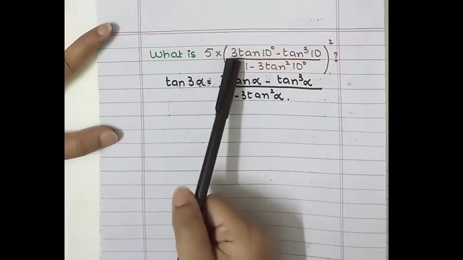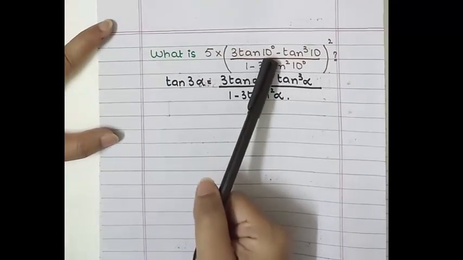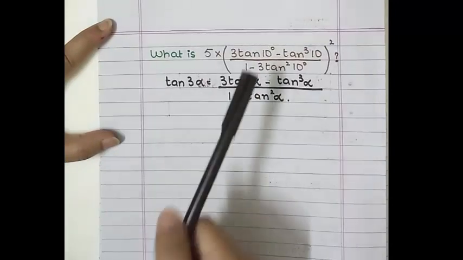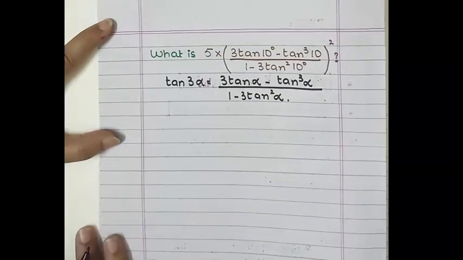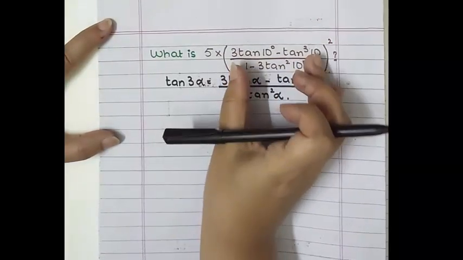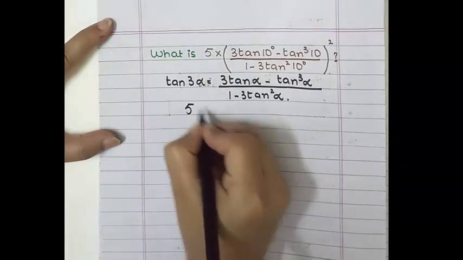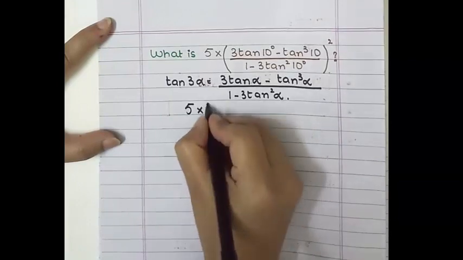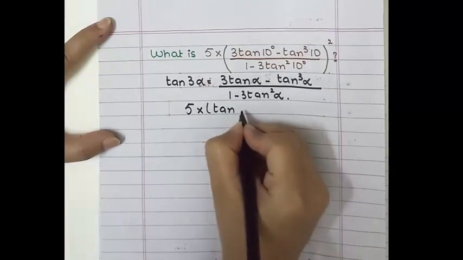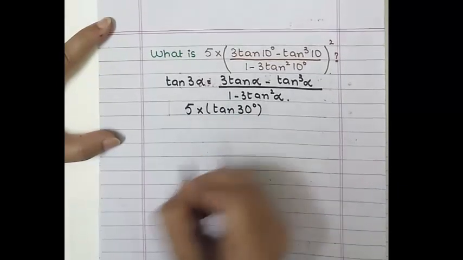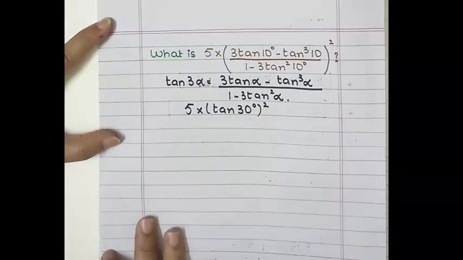So here we have 3 tan 10 degrees. So 3 alpha here will be 3 into 10, which means 30 degrees. So this is the formula for tan 30 degrees. 5 multiplied by tan 30 degrees and a whole square.